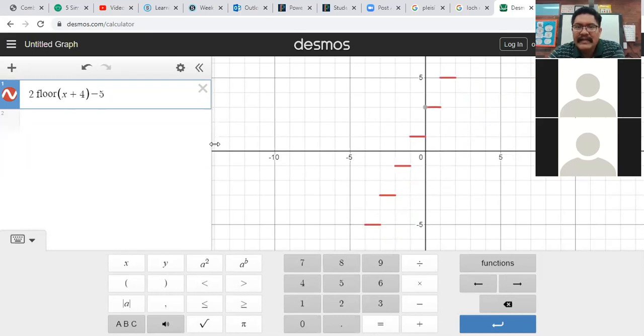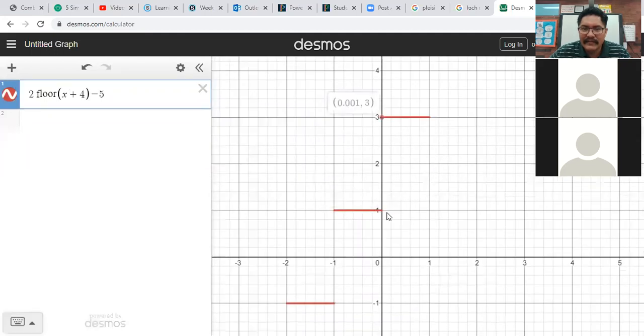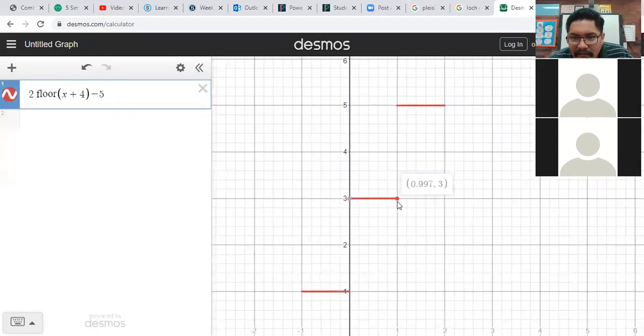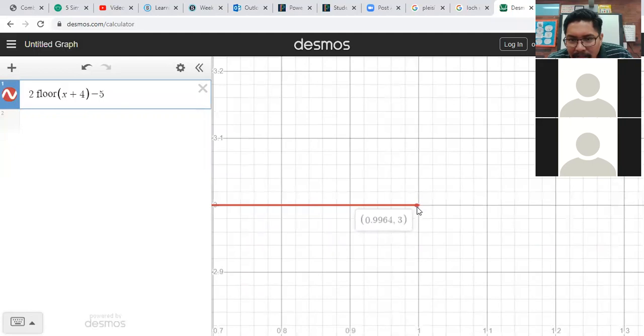So yeah, it seems to behave the same, but they call it a different name. And for some reason, I don't know if this is an error in the graph, but I should not be able to pick the very next number. Or maybe it's not letting me pick that next number. 0.9964, 998.